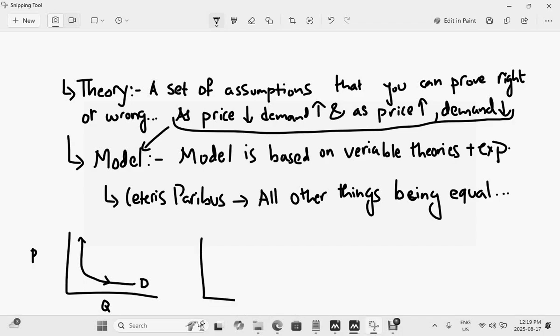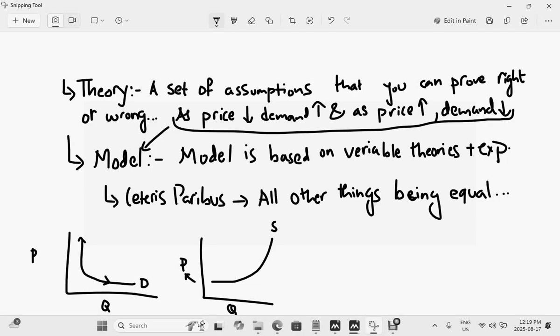We also know that as price goes up, as quantity of units goes up, supply goes up. The higher the price, the more the supply, because with this high price, you're able to cover your cost of production and get more in profit, which means the supplier is able to produce more and make more profit.